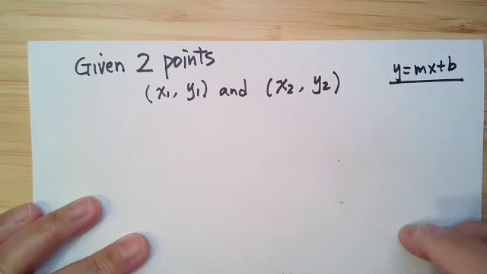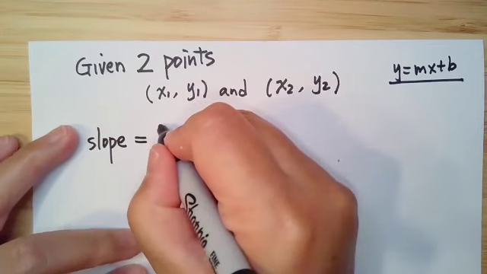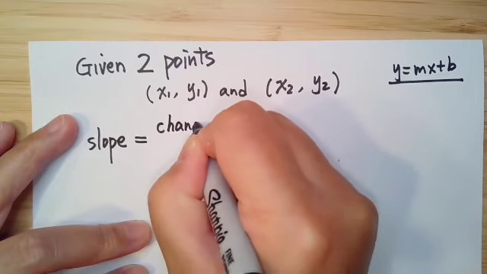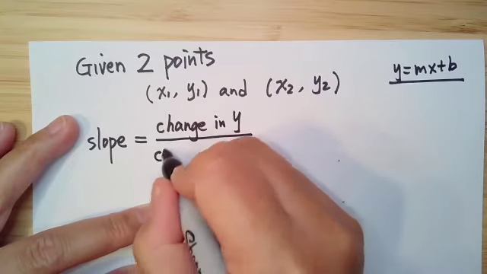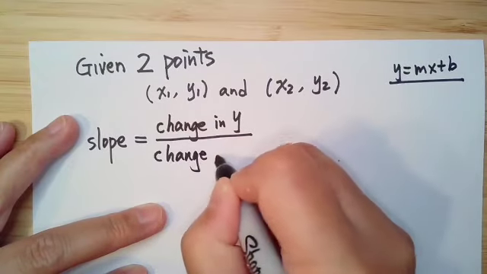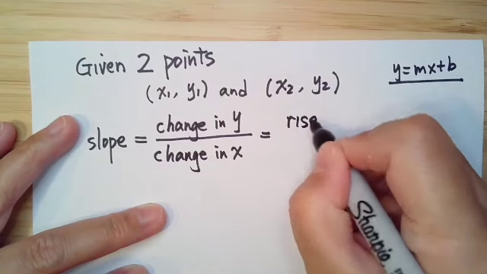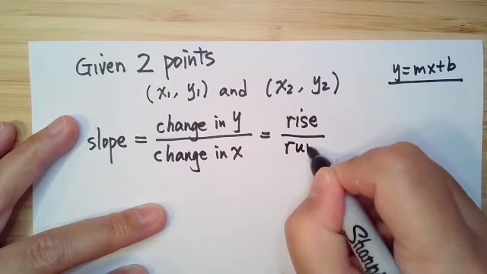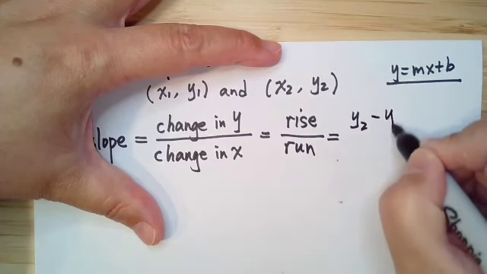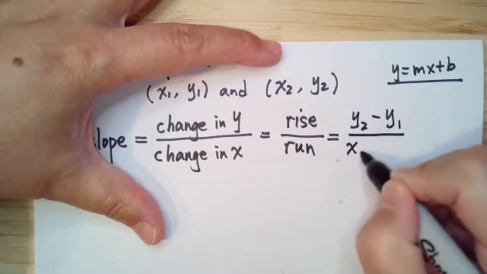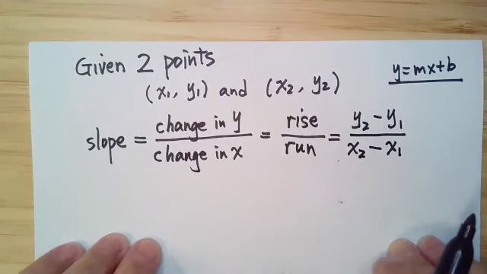The slope is the change in y divided by the change in x, or you could call that rise over run. And how do you do that? The change in y is y2 minus y1. I hope you can still remember this. We learned this in last class. Divided by x2 minus x1.